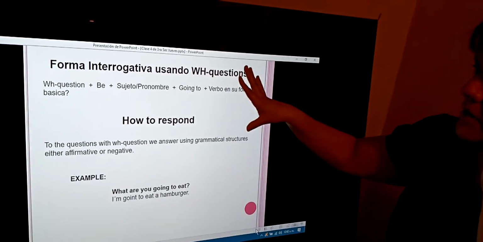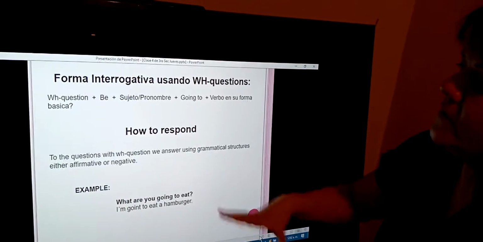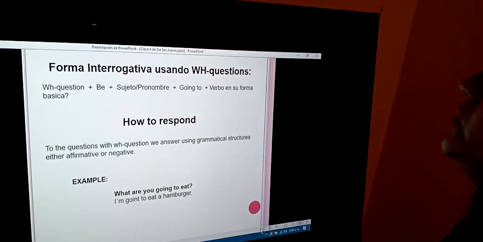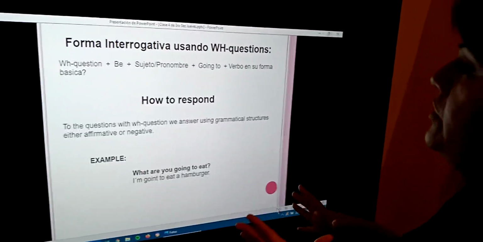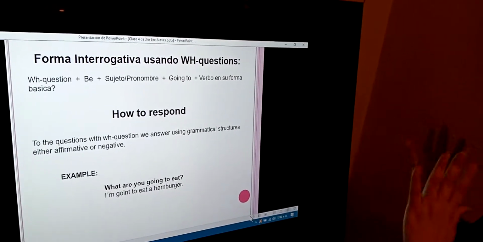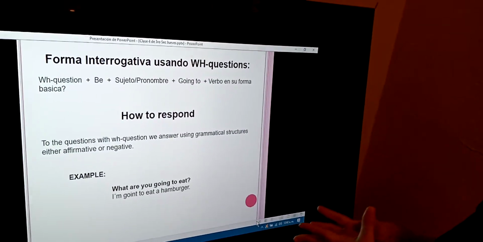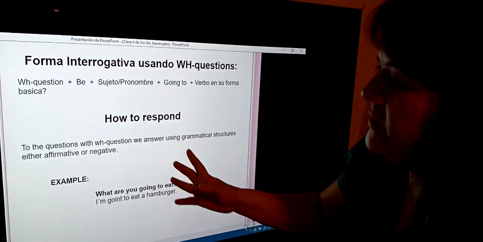This is the form interrogative and with questions, okay? And right here to the questions with question we answer using grammatical instruction, either affirmative or negative, okay? That question is with question. We answer using grammatical instruction, either affirmative or negative.